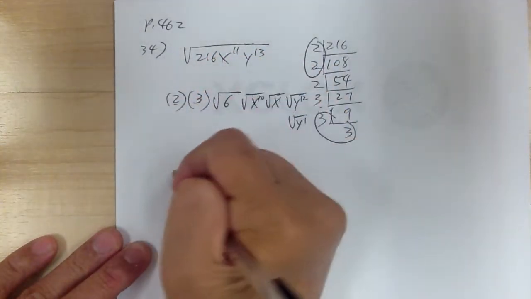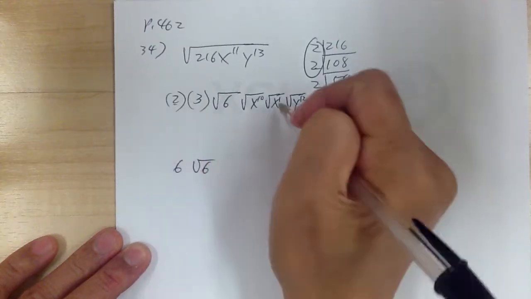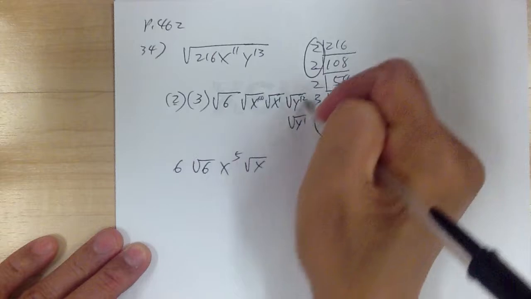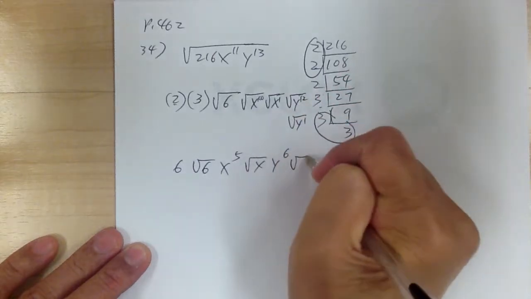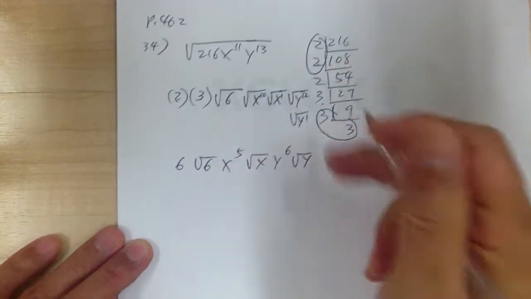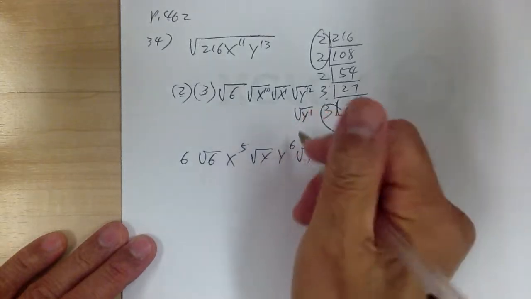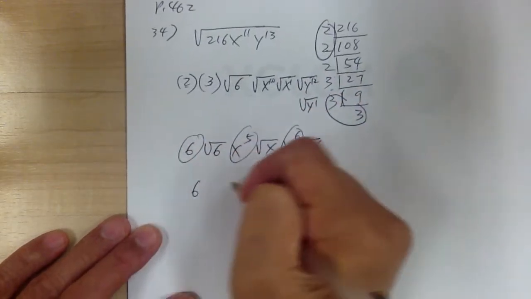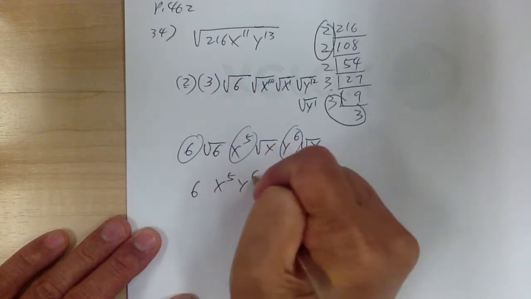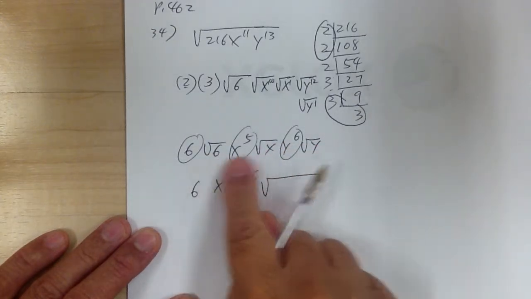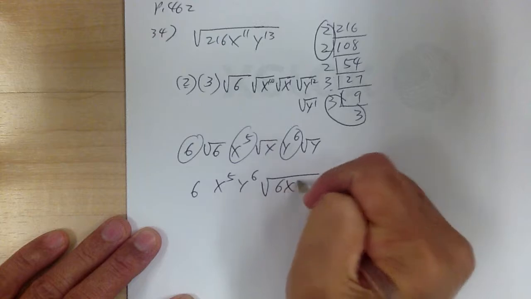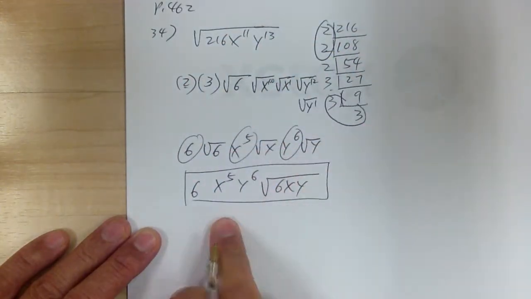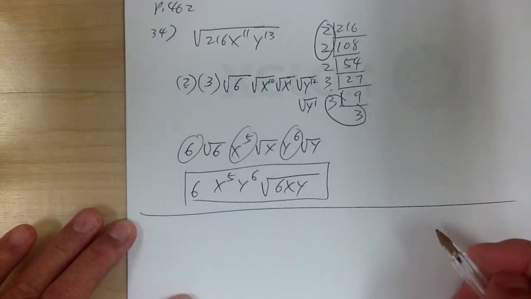So this will give me 6 square root of 6, and this would be x to the 5 square root of x. This would be y to the 6 square root of y. I can just do each part, and after you collect the parts that you take out of the square root, it would be 6 x to the 5 y to the 6, and the leftover would be square root of 6xy. Okay? So you can break into small parts, simplify, and you get your answer.